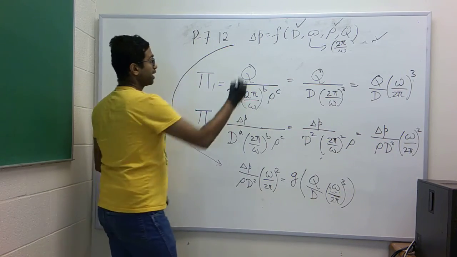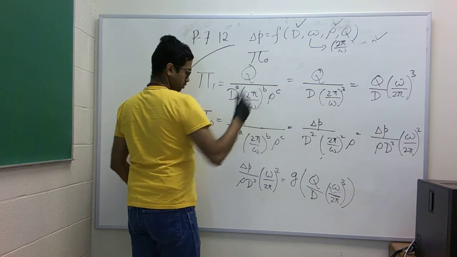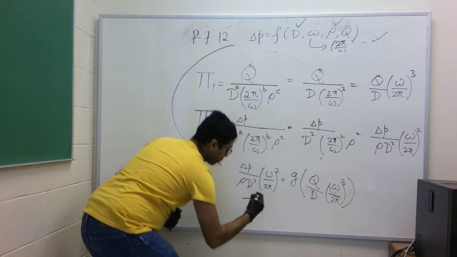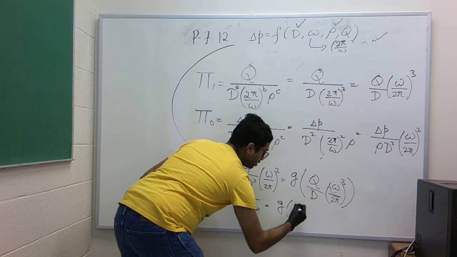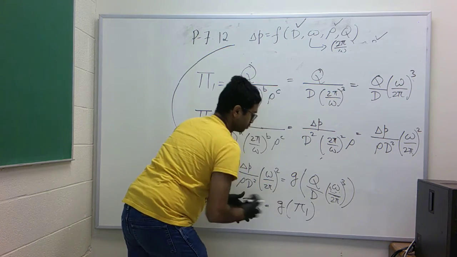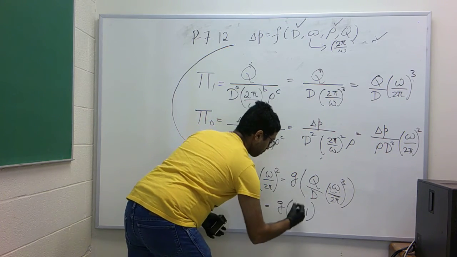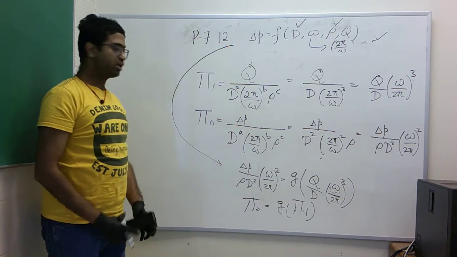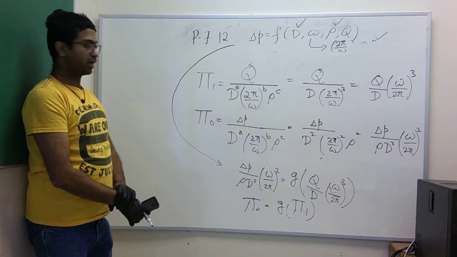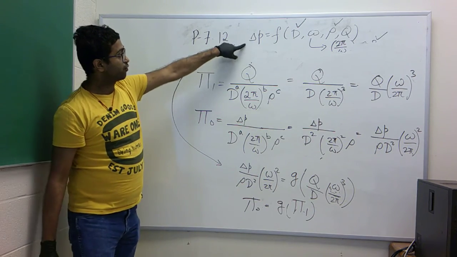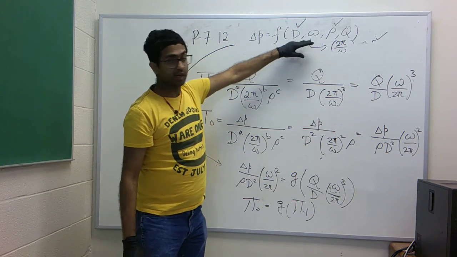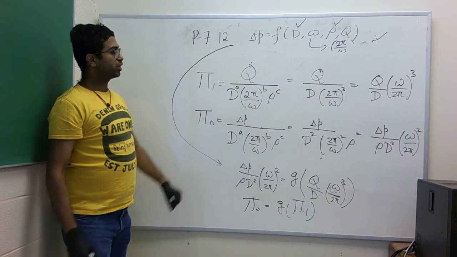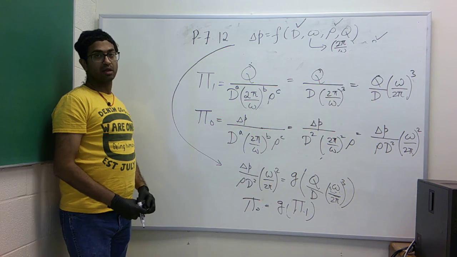That is pi naught equals g of pi 1. Okay. So this 4 variable function has been reduced to a 1 variable function through the use of dimensional analysis.